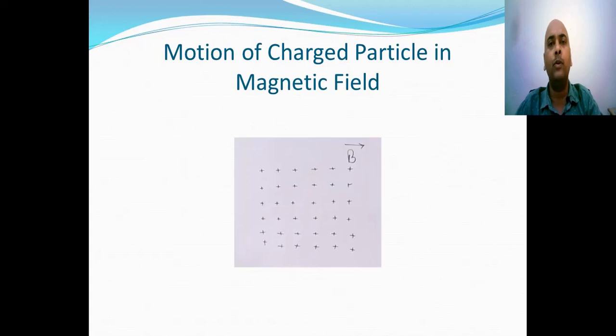So now let us suppose we have a magnetic field of strength B such that its direction is perpendicular to the plane of paper.